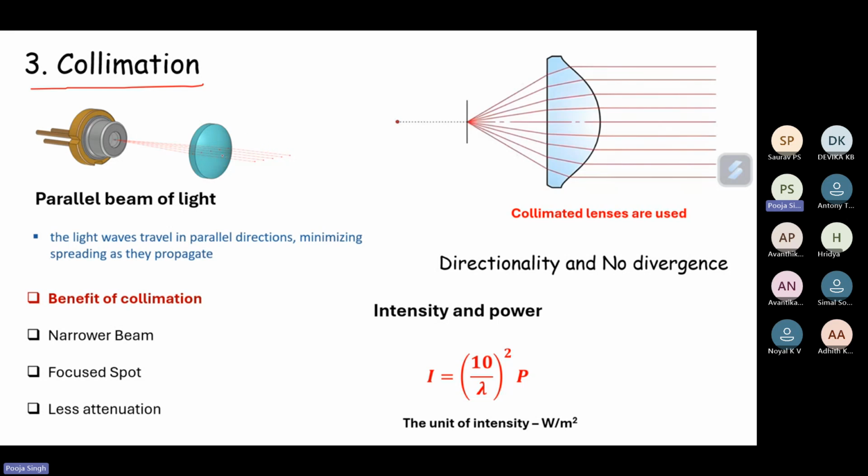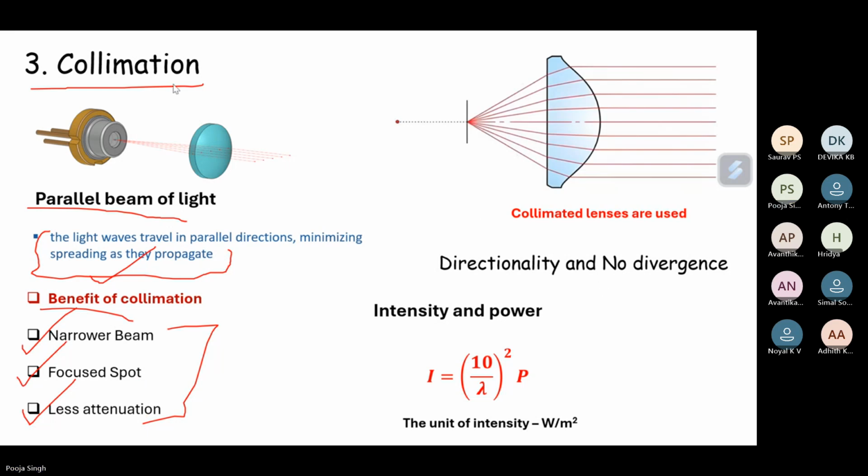Okay, also the phase, so temporal and the spatial both are validating. So parallel beam of the light. So light travels in a parallel direction, minimizing the spreading as they propagate. So what's the benefit? Benefit is that it has a narrow beam, focused spot, less attenuation, which is important for any kind of the surgery.